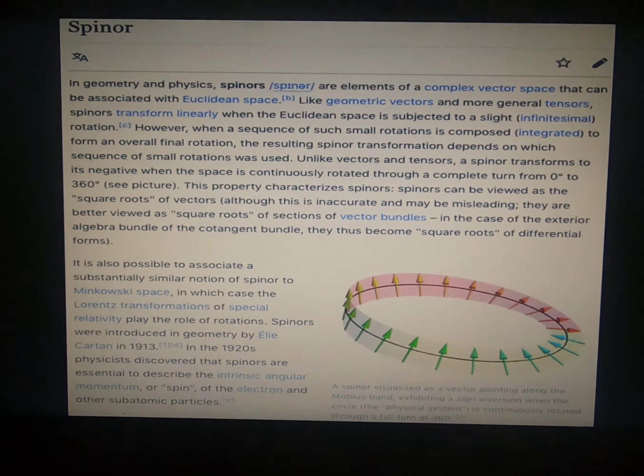And the operations of the tensor: addition, subtraction, summation. These are the operations. Symmetry and antisymmetry, and the spinor. These are the spinor.